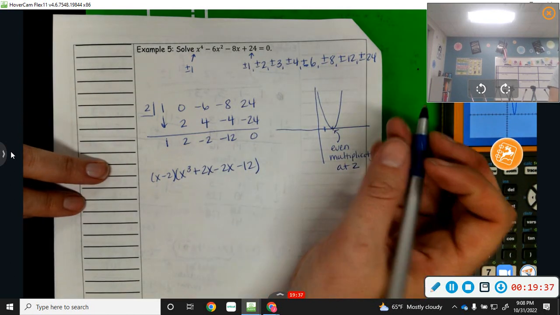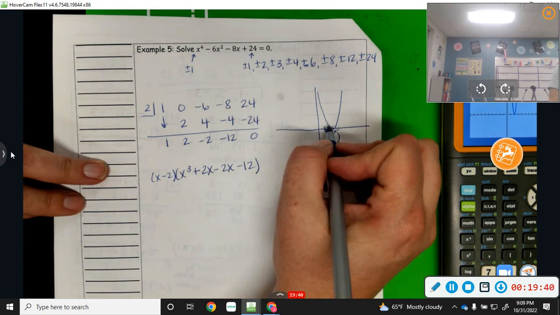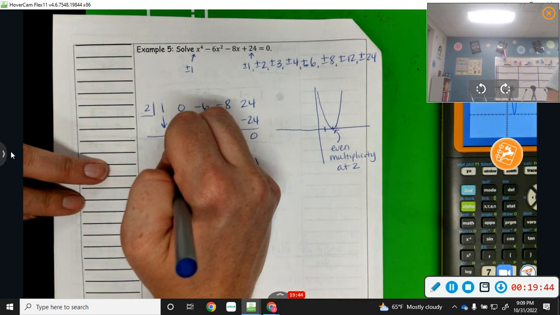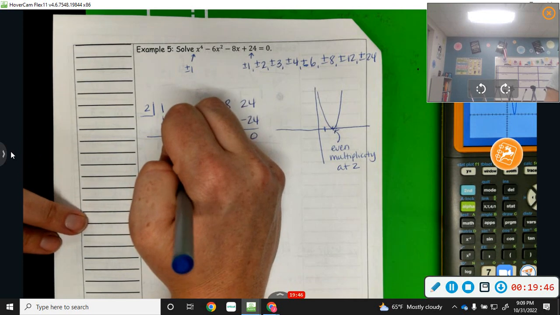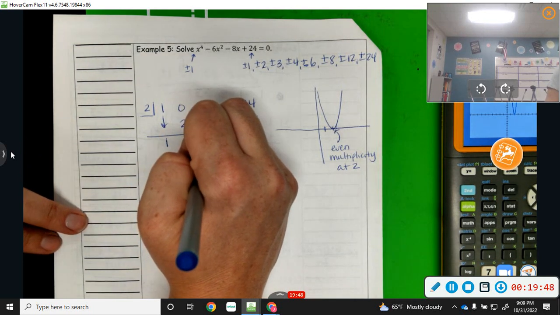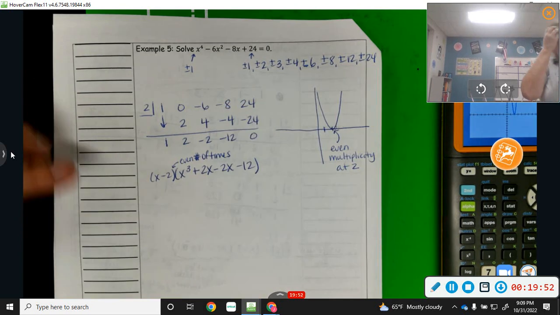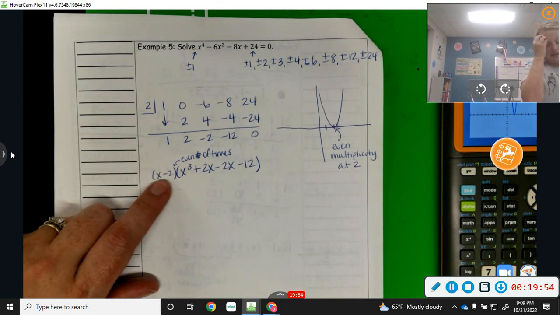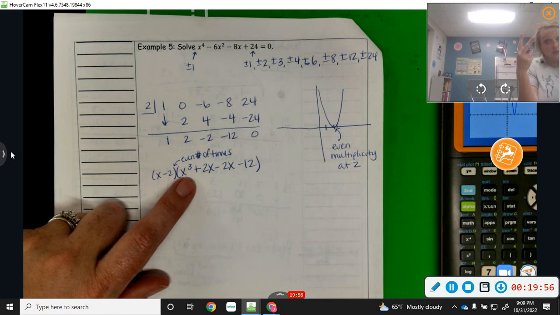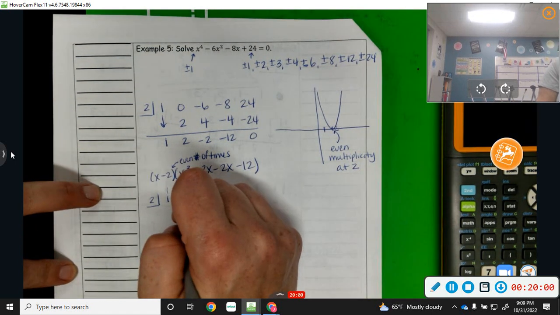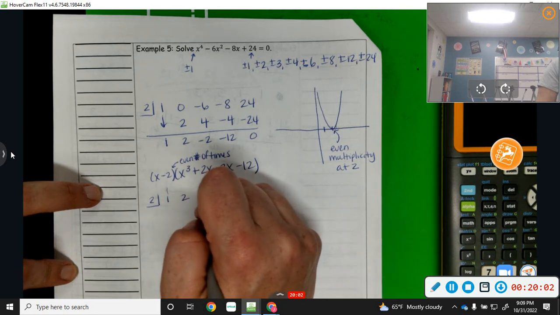Okay, and so because of this, since it has an even multiplicity, I know that it bends, and so that means this is going to happen an even amount of times. So that means that it's going to at least happen 1 more time, if not 2 more times. So I'm going to have a 2, and I'm going to carry down, it's a cubic now that I have.